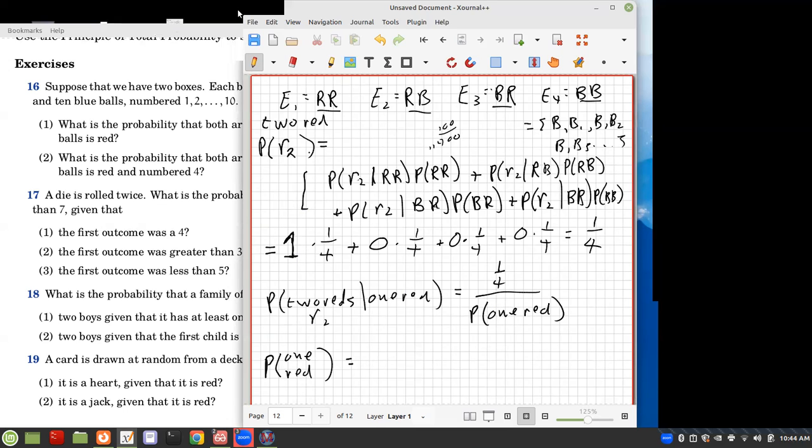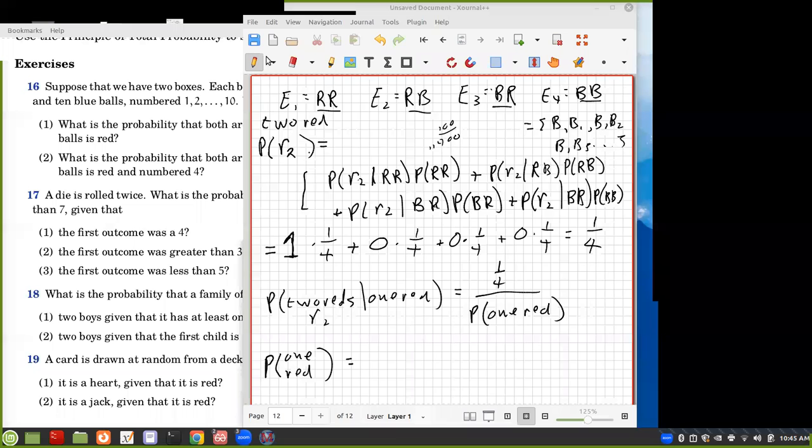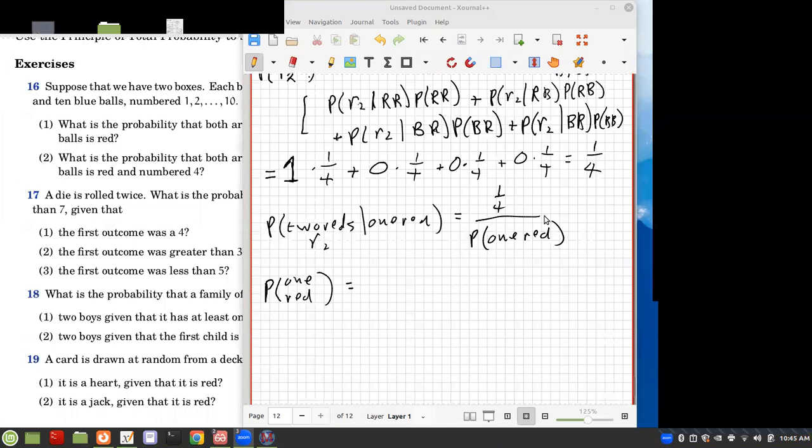And I will zoom. Okay, well, let me just write down, it's going to look just like this.